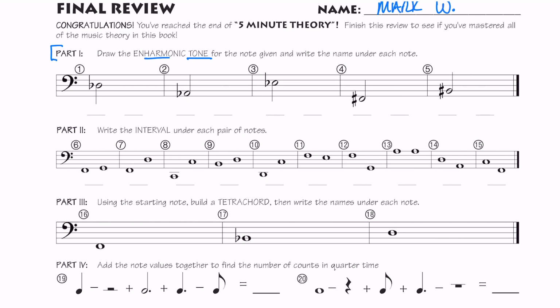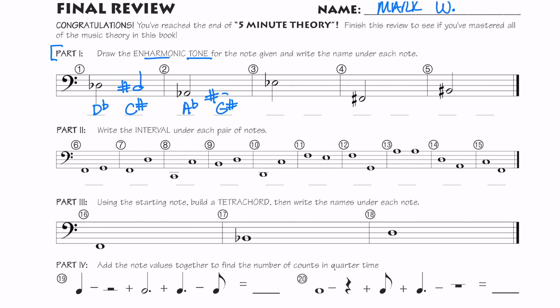So for instance, this is a D flat, and the same note on a keyboard is a C sharp. When it's a flat, it's basically, most of the time, the next letter name down sharp. So this A flat here, next letter name down is a G sharp.